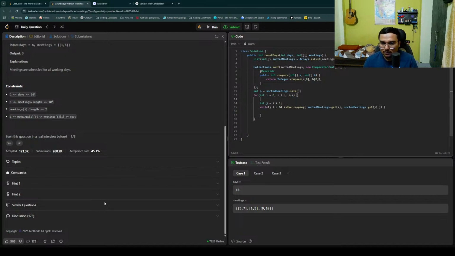Basically, let's do one thing. So current equals sorted meetings dot get i. If the current interval that we selected here is overlapping with j, then current of 0 is fine, but current of 1 will be the thing of j, right?